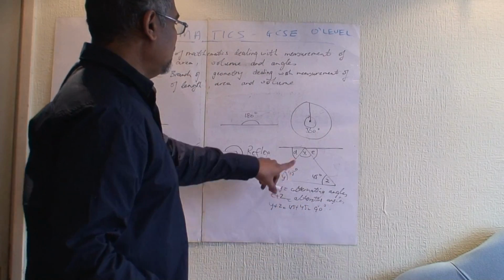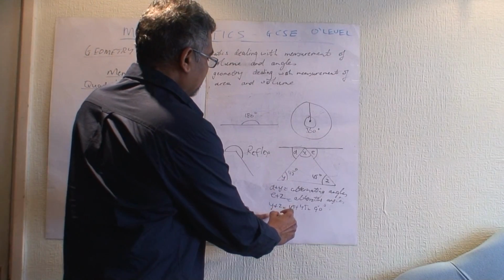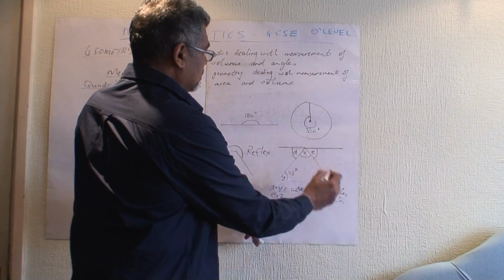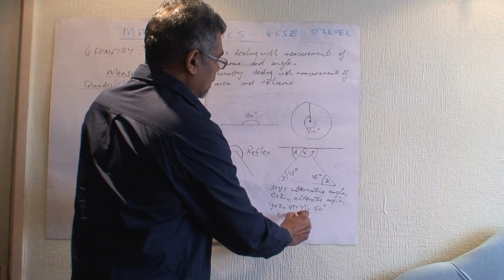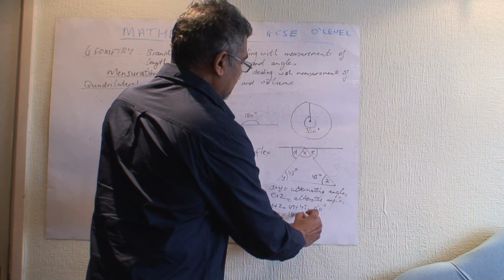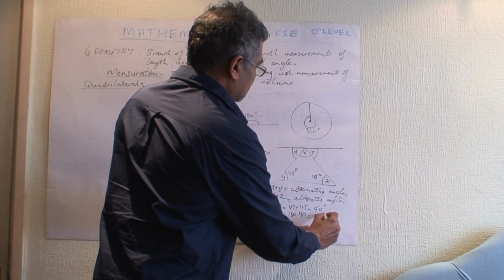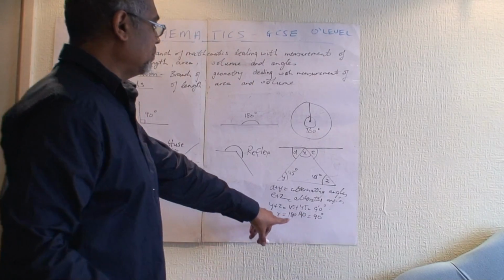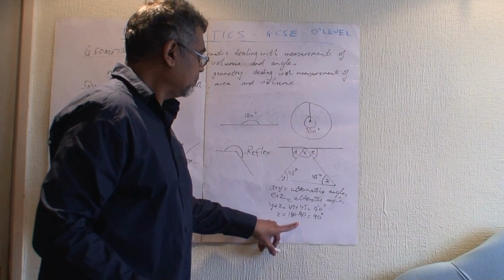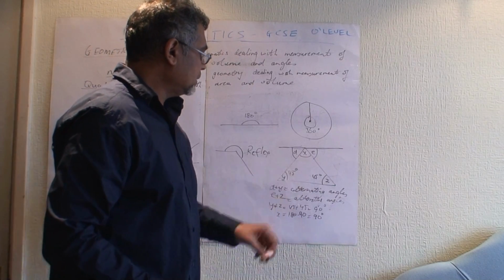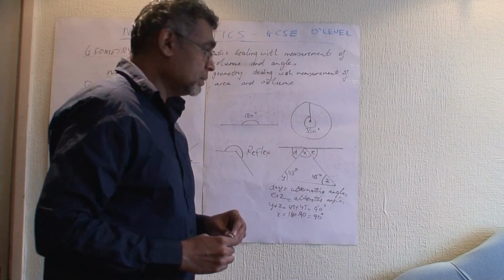So the value of x, which we don't know, would be 180 minus 90, which is equal to 90 degrees. So x is 90 degrees.